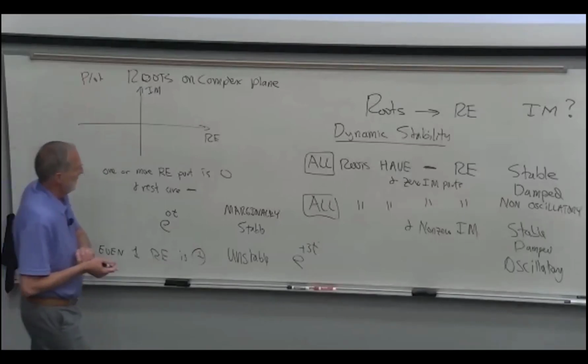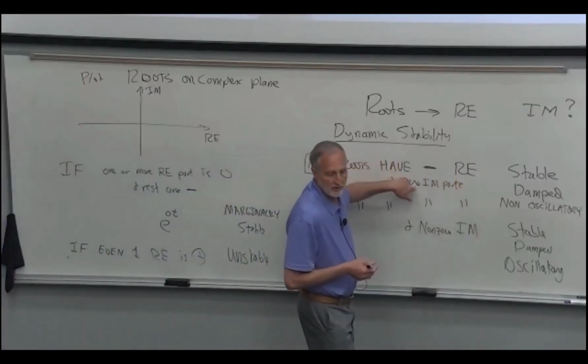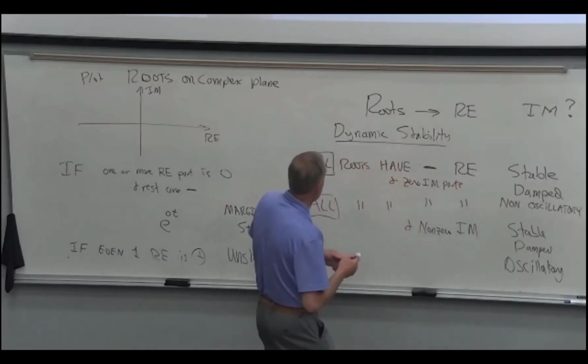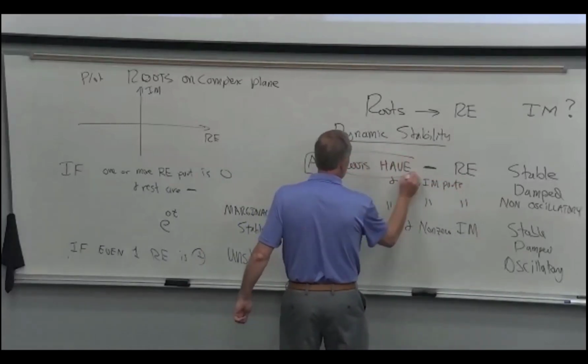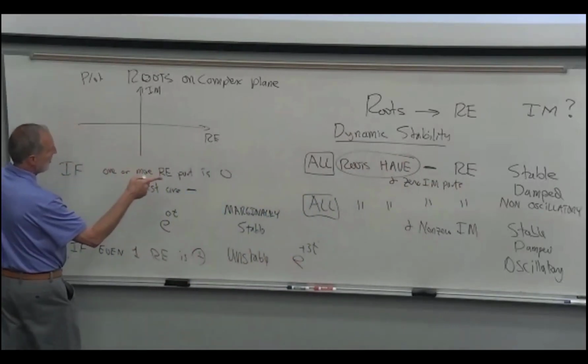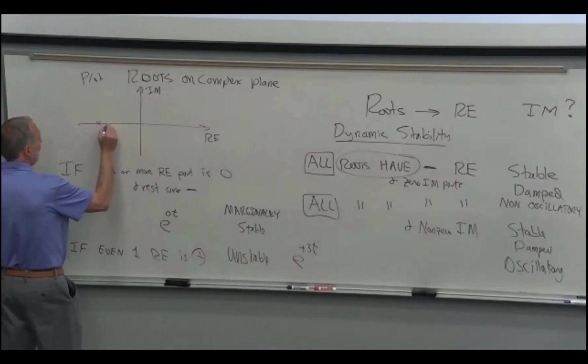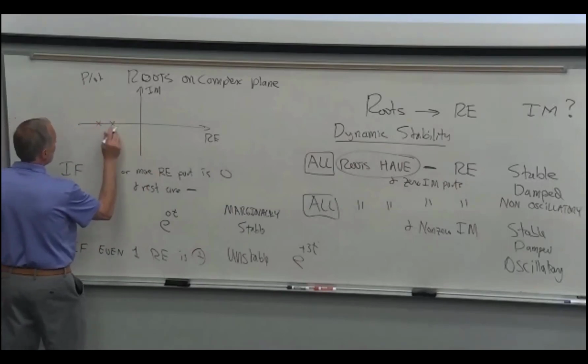So let's say all roots have negative real parts, 0 imaginary parts. We'll call this blue. Where are those roots? They all have negative real parts, so they're on the left side, and they have no imaginary parts, so you get 2 roots here. For example, this is minus 9.32, was it?